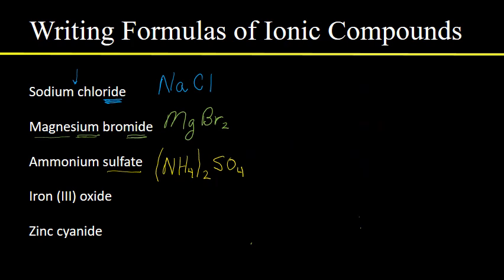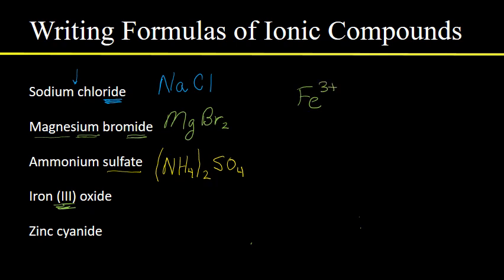All right, now let's look at iron(III) oxide. Now for iron, iron is a transition metal, so it can have multiple different charges. But because we've got this 3 in parentheses here, we know that in this particular case, this is an iron 3 ion with a charge of +3.